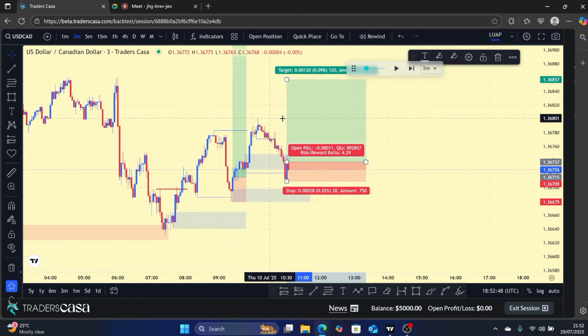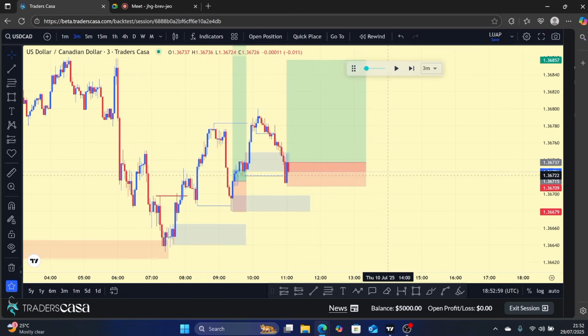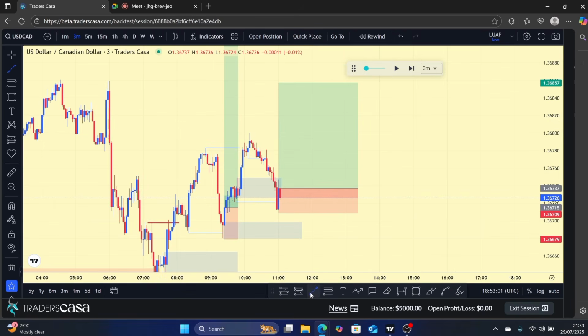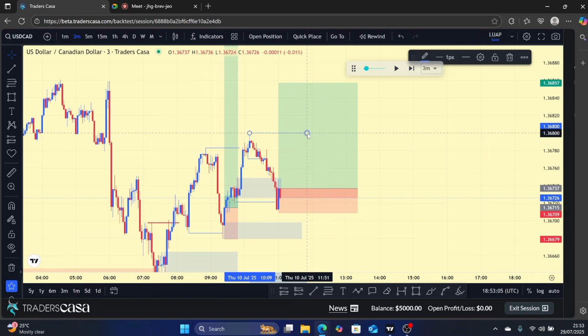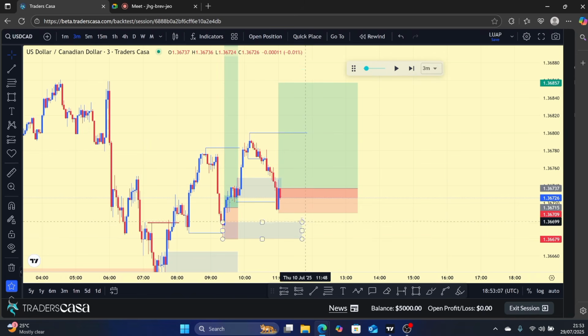After price has made that break of structure, ensure that price has created a major inducement, so that it can give you the confidence to leave your trade in place. So again, like I said, it's upon your decision. Right here, that's the break of structure if price makes it out there. But anyway, let me just leave the stop loss right there.